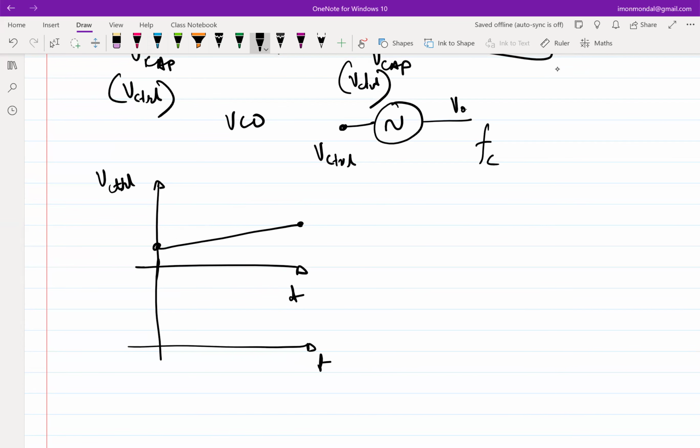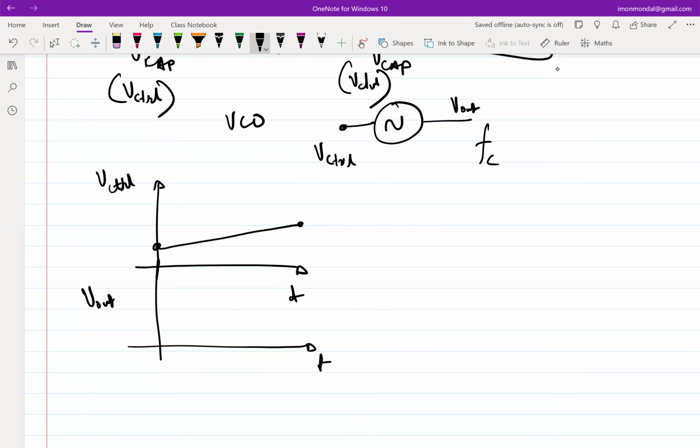This is V out. With respect to time, what should the output look like? Sinusoid with varied frequency.